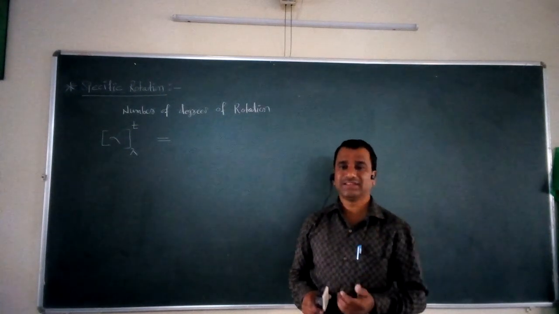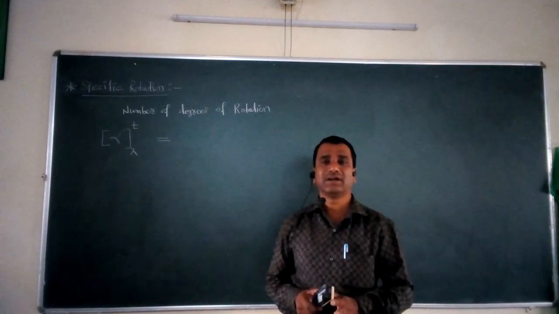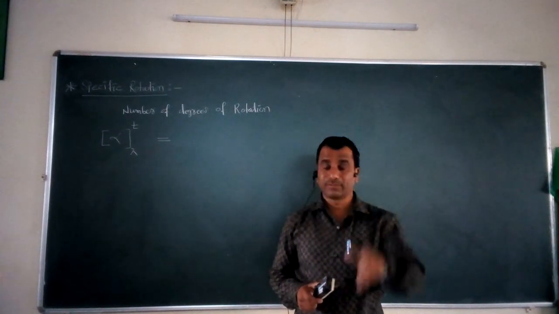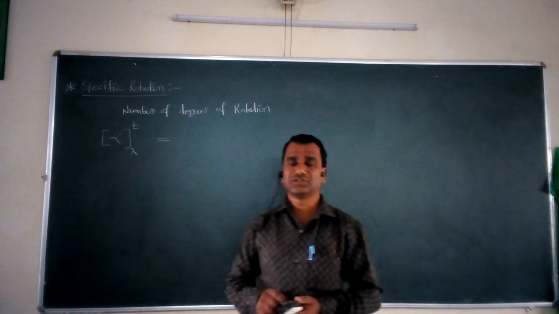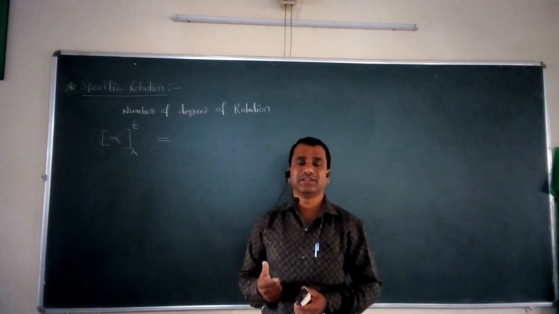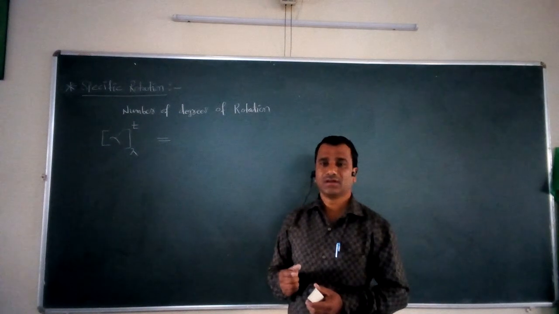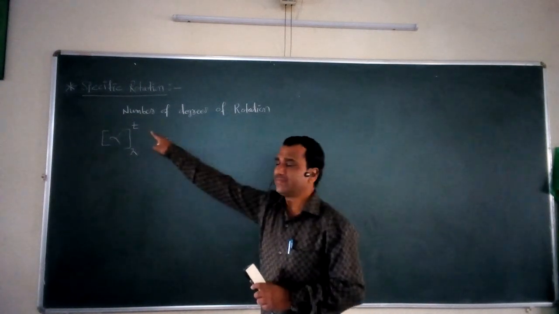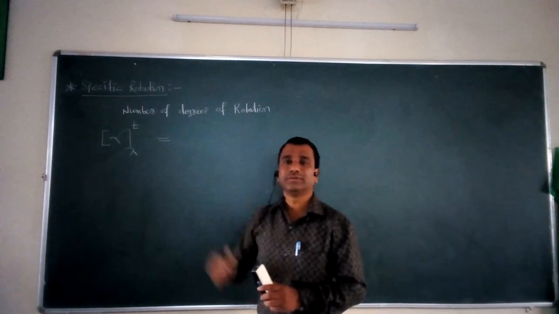So specific rotation is nothing but the number of degrees of rotation of the solution containing 1 gram per ml with respect to the specific temperature and the wavelength of the monochromatic light.